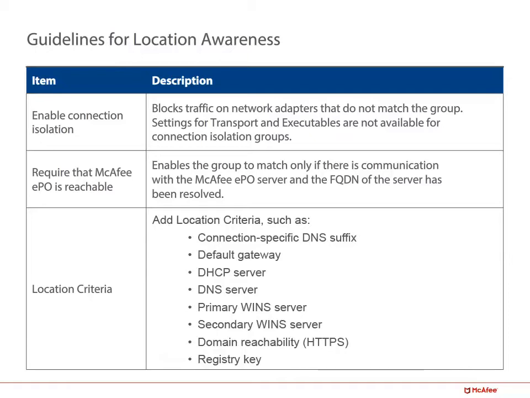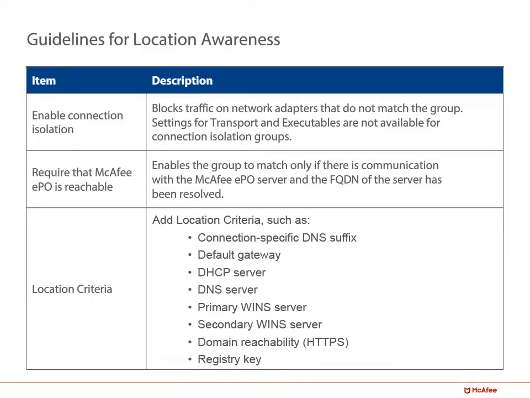So an idea is if I have a computer that has two types of connections, like the wireless and the wired, I can say enable connection isolation, and basically what it will do is I cannot use the second NIC on my system to connect to any type of network, because it does not have the criteria that identifies it on this network.